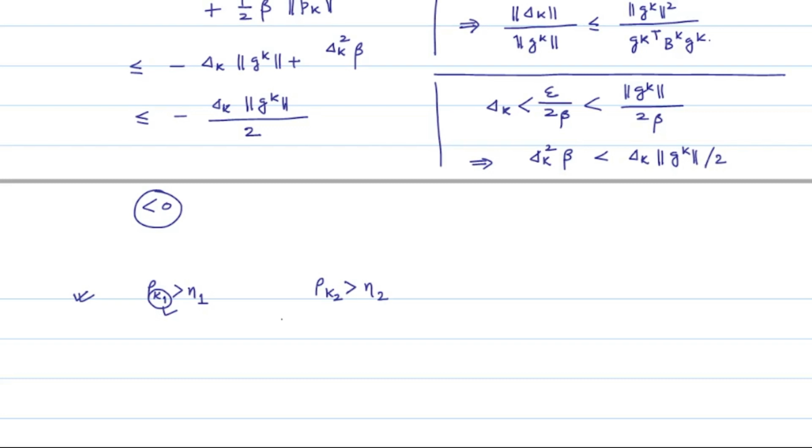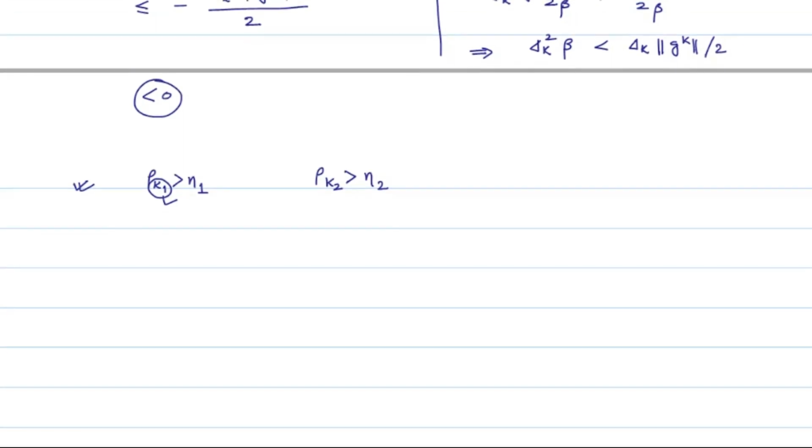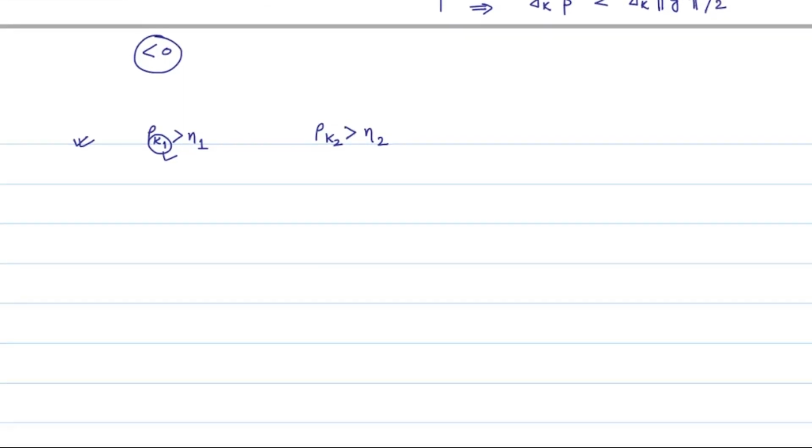Now, to prove this result that there are at most finitely many unsuccessful iterations between two successive successful updates, we need to prove one auxiliary lemma which states the following.